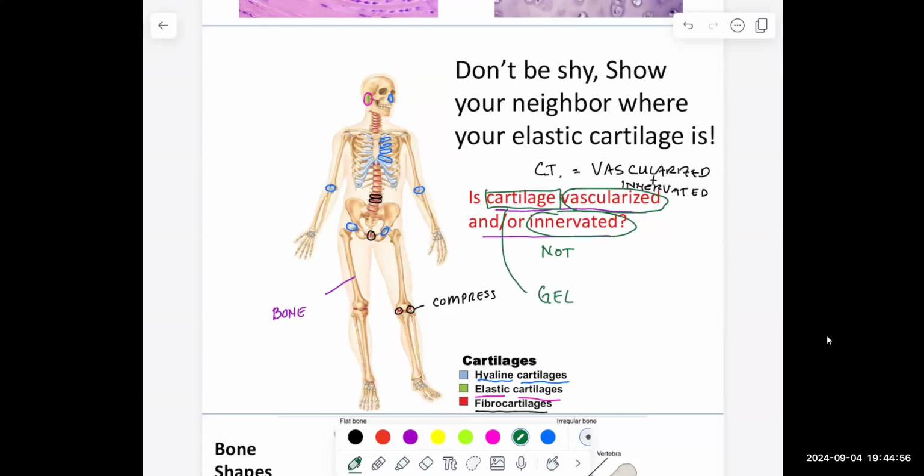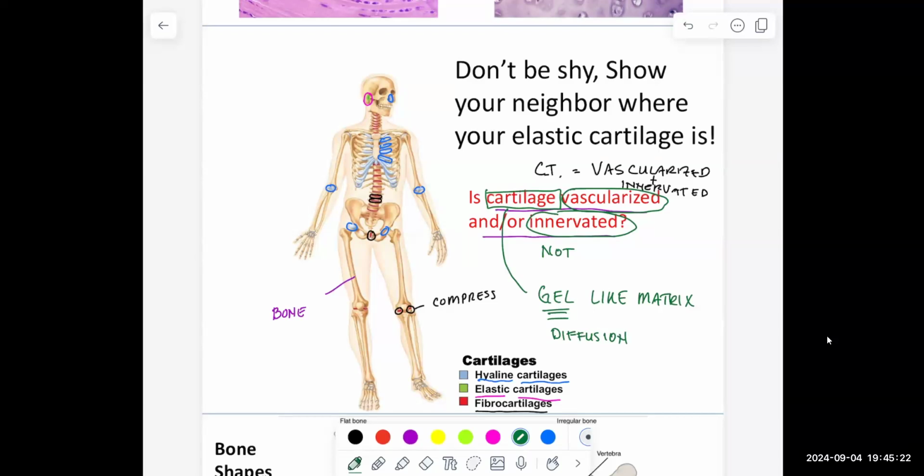Cartilage is a gel-like matrix. Because it's gel-like, it doesn't need blood to go into it. The nutrients, the gases are exchanged in cartilage because it's gel all through diffusion. No blood supply directly needed to cartilage.